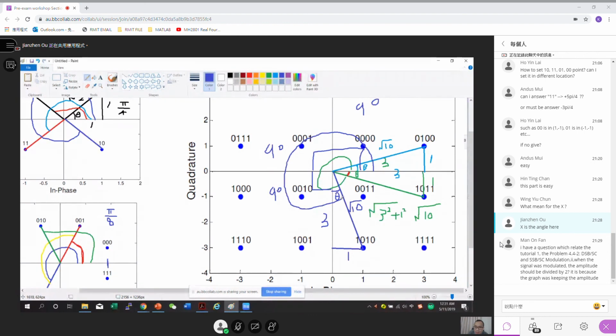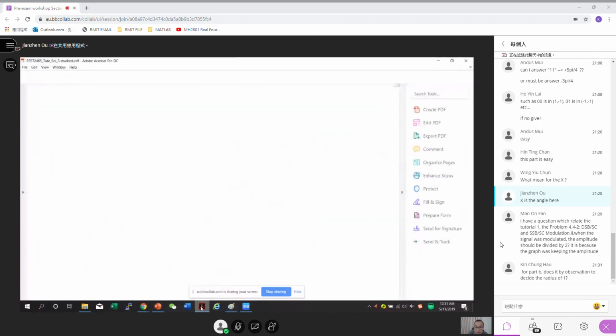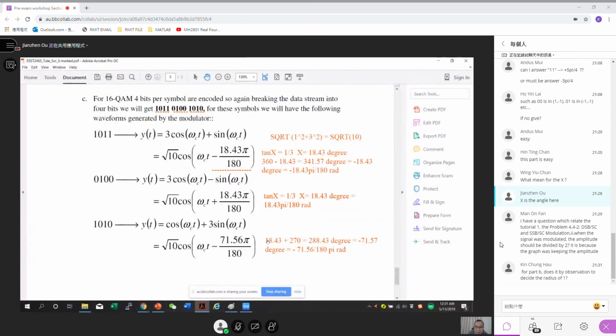We use tangent again to make it simpler. So that means it's 18.43 again plus 90 plus 90 plus 90, which is 270. So it becomes 288.43 degrees, and this one is equal to minus 71.57 degrees if you're doing the conversions. Maybe Katrina made a mistake.